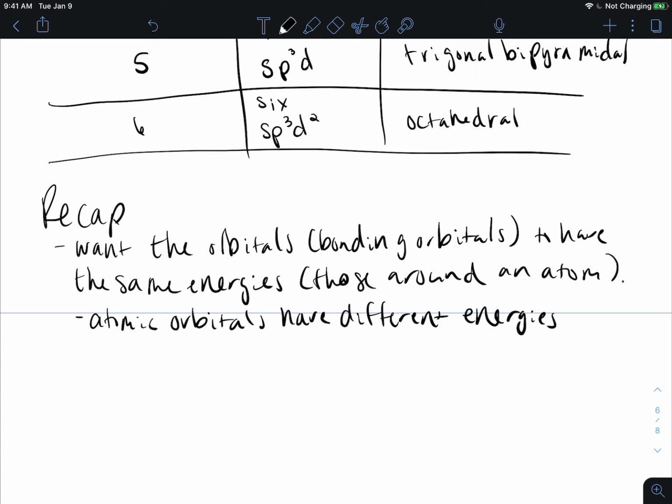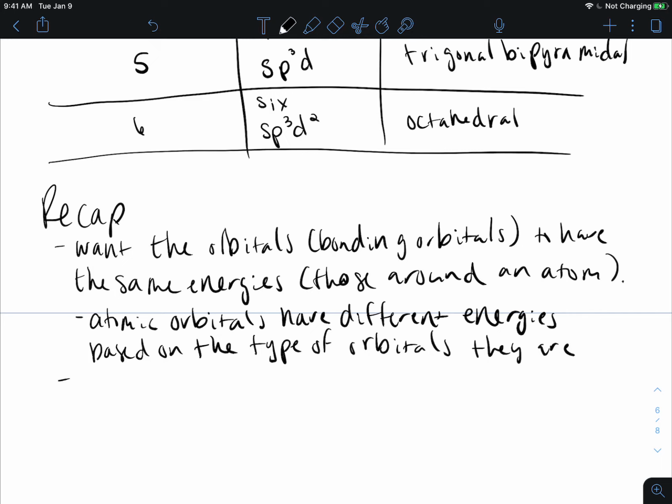But in the case of a multi-electron atom, we're going to have atomic orbitals that have different energies based on whether they are s orbitals, p orbitals, or d orbitals. So again, we combine them, hybridize, and then we have orbitals that can bond with the same energy.